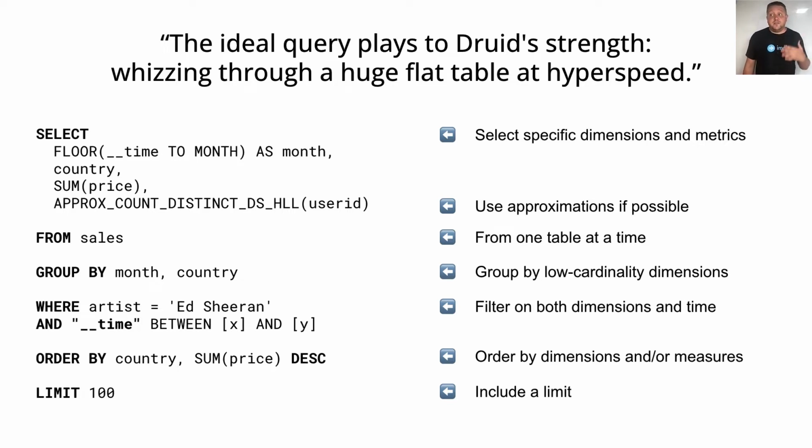You need to select specific dimensions and measures, use approximations if possible, do it from one table at a time, group by low cardinality dimensions, filter on both dimensions and time, order by dimensions and/or measures, and include a limit. But why is that?